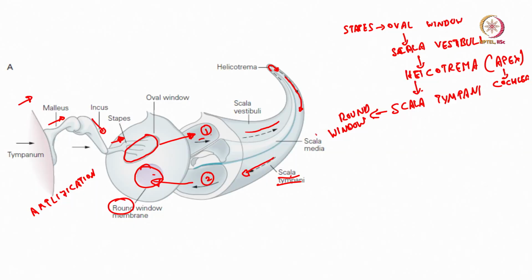The entire sensor mechanism is present within the center of this structure called the Scala media, which is this part over here. That is the important place where things happen. So, we progress on to the next video.